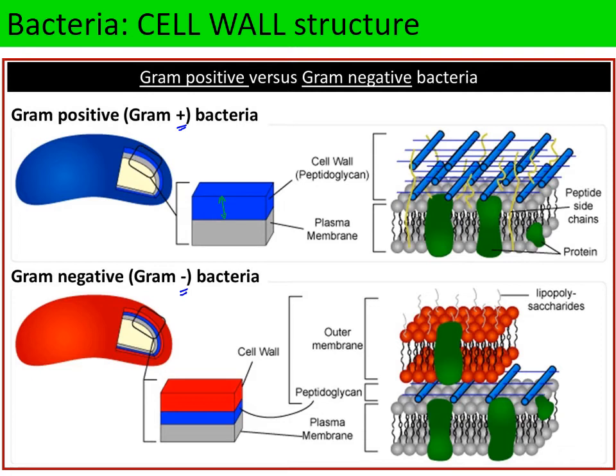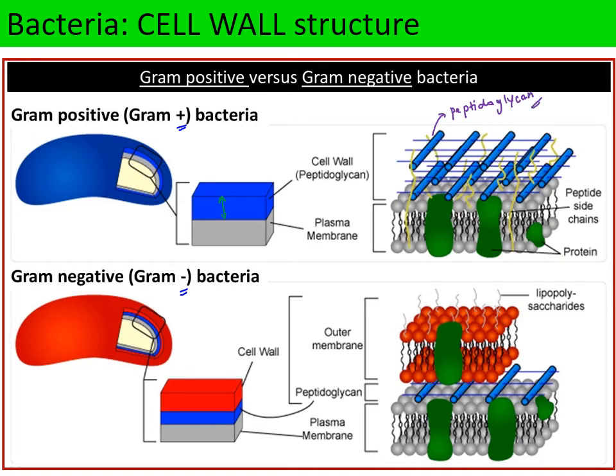We're going to look at this in a bit more detail shortly, but basically peptidoglycan is made of straight chains of polysaccharide, such as these shown in blue, and these are called peptidoglycan polysaccharide chains.